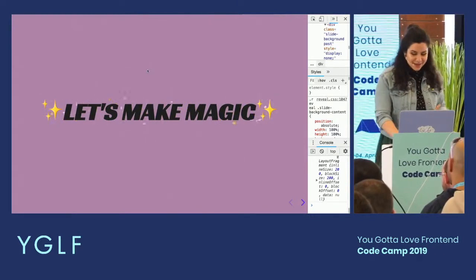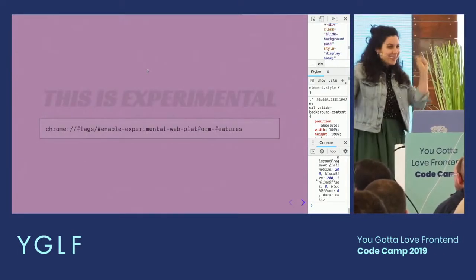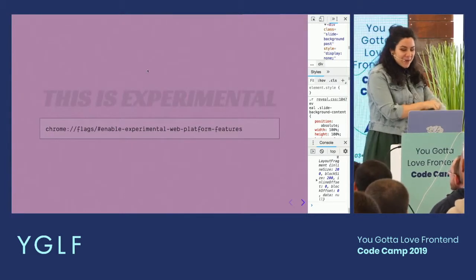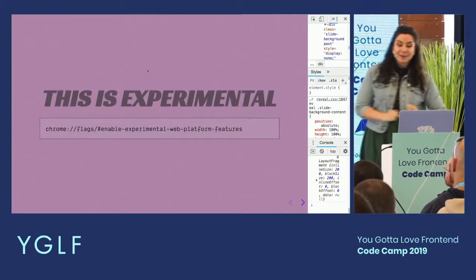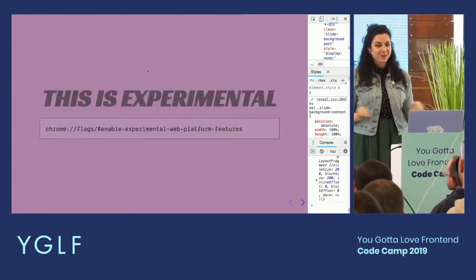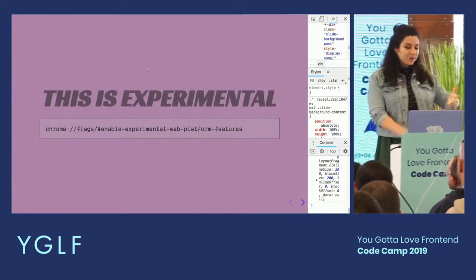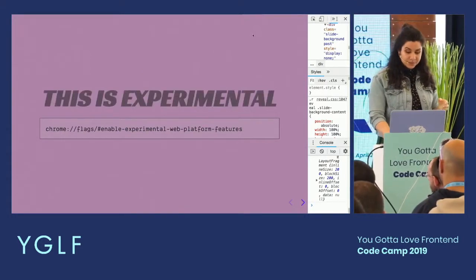Let's do a demo. So note, this is experimental, if you didn't catch that already. You should go and enable experimental web platform features for the best hopes of this working the way that it should. And you can do that at this URL on Chrome.